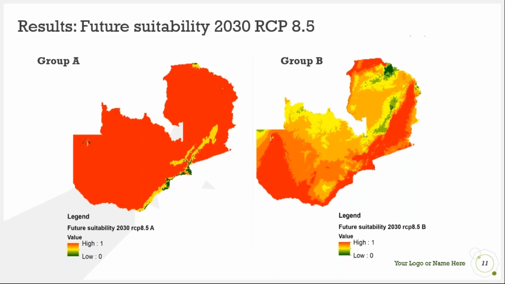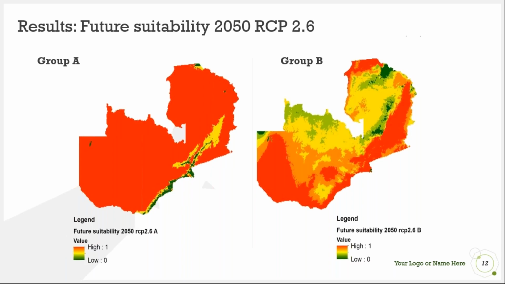So what about the 2050s? Now for the 2050s, we're expecting that in RCP 2.6 and 4.5, because of the mitigation and the practices and technologies which are being used to mitigate climate change, the climate will be going back to what we have.